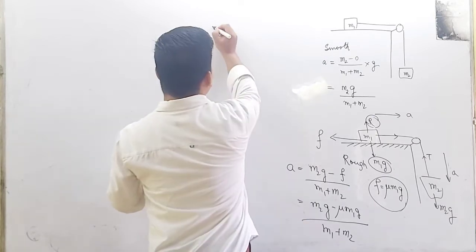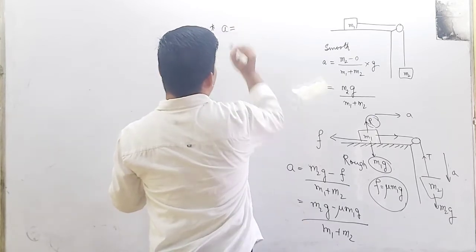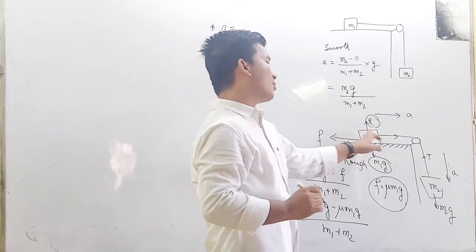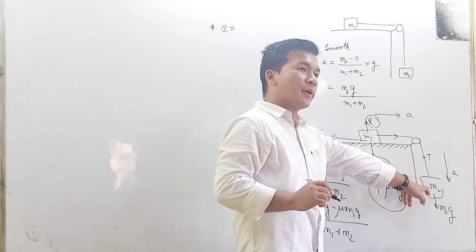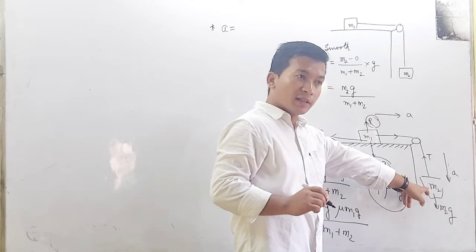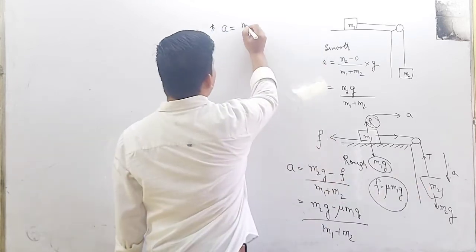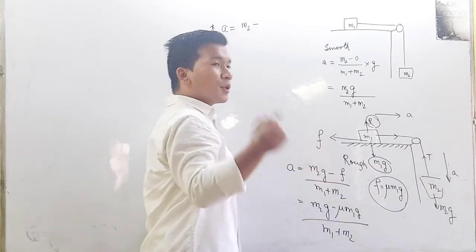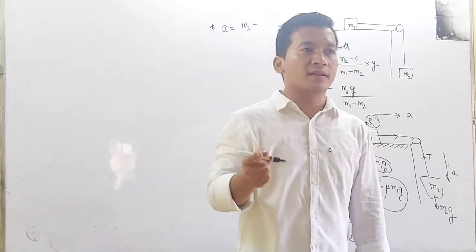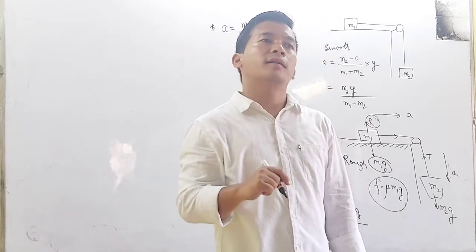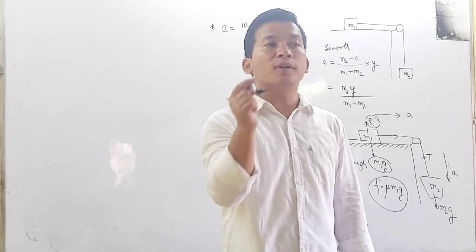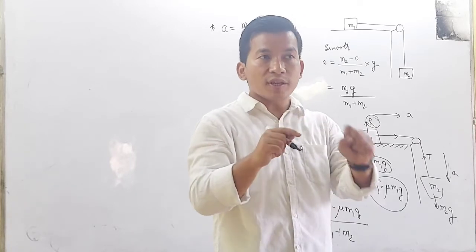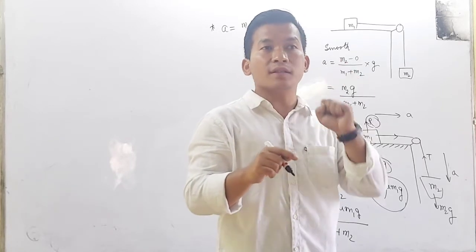In terms of mass, which mass will be responsible? M2 is responsible, minus which mass is kept on the rough surface? M1 is kept on the rough horizontal surface, and this will generate some sort of resistance to the motion.